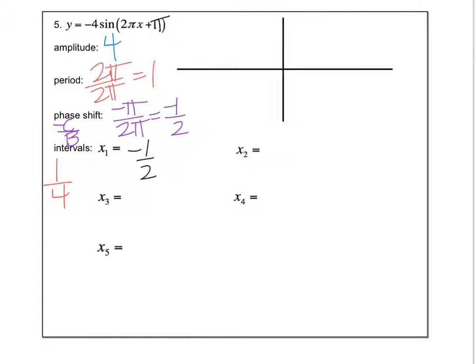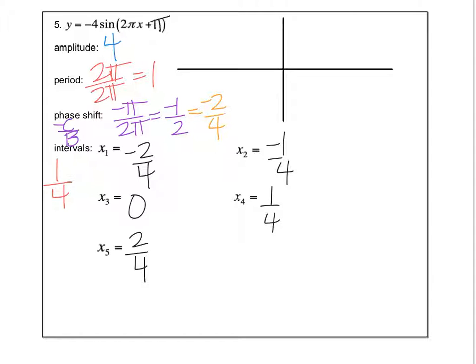The common denominator is going to be 4, so I'm going to change this to negative 2 over 4. I'm going to add another fourth, which gives negative 1/4, another fourth we get 0, another fourth we get 1/4, and another fourth we get 2/4. Those are my values there.